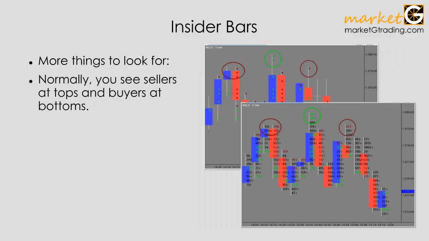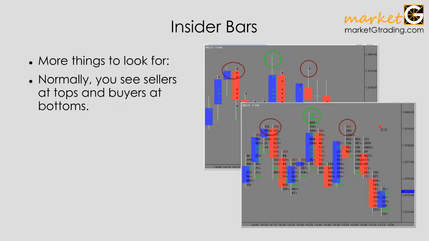Oh yeah, this is a fun one. One more thing here. After you've used inside bars a little bit, you'll see that normally at the tops, the top couple of price points, you'll see sellers dominating. Bottoms will be buyers, but every now and then the opposite happens.